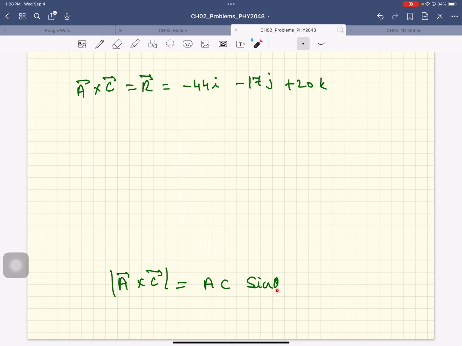How do you find the angle theta? We just did a problem. So you use the dot product formula, okay? Find the angle theta and then verify this.